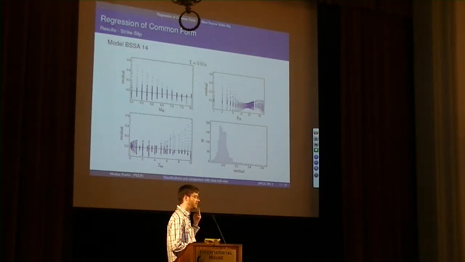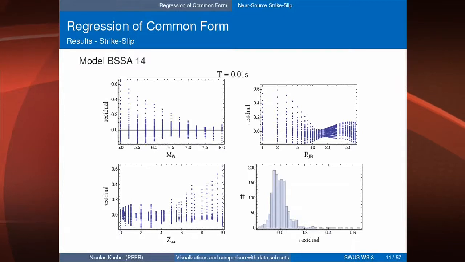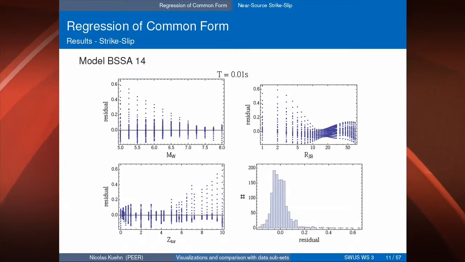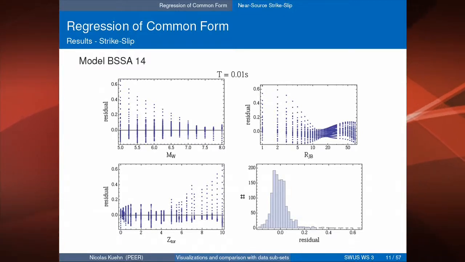Actually, we have 3 Z-Tor values, and they will just generate the same ground motion at Joyner-Boore distance of 1 kilometer, but the rupture distances will all be different. So we're capturing this geometric effect in this case for the small magnitudes.